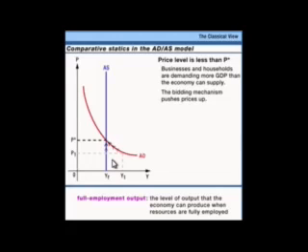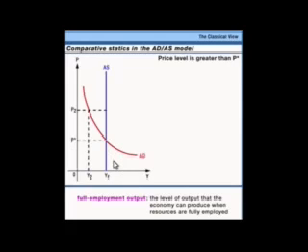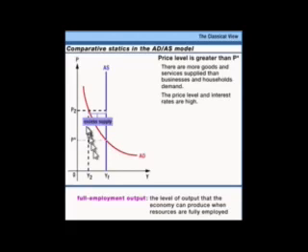If we have a price level that's above equilibrium, then in this case people are trying to demand a whole lot of money to do their shopping. Interest rates have been pushed way, way up as people scramble to get the cash to make their purchases. And in this case, we wind up with consumers and businesses doing very, very little purchasing because interest rates are so high. And in this case, we have a situation where aggregate supply exceeds aggregate demand.